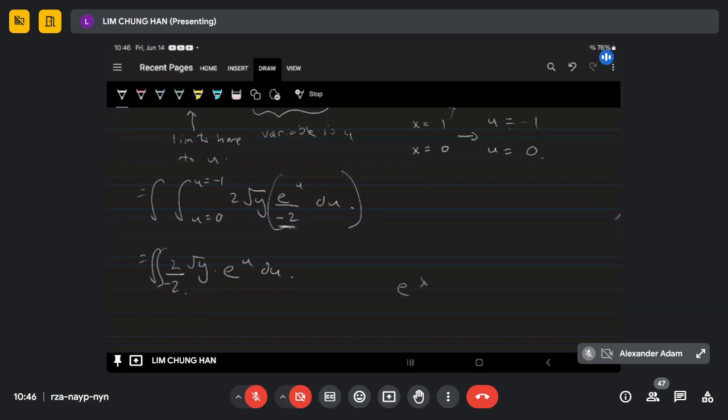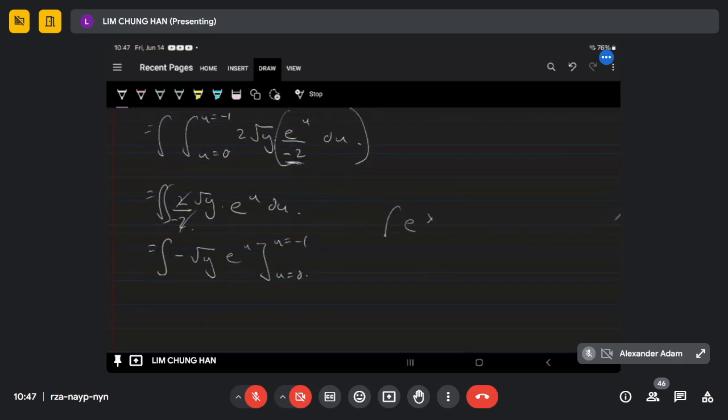Not differentiate, integrate. Yeah, you still get e^u, right? So this 2 and 2 you can cancel out, but you still have a negative in front. You still get e^u. And then the limits are u equals negative 1, u equals 0.